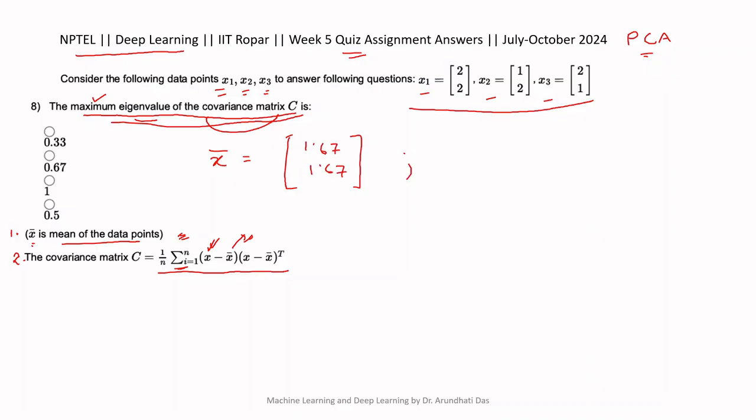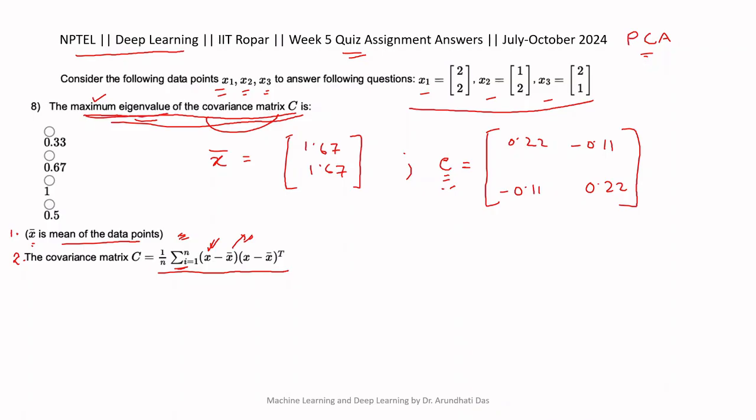In a different video I have also calculated the covariance matrix C, and the final output is 0.22, minus 0.11, minus 0.11, and 0.22. After calculating the covariance matrix, I now have to find the maximum eigenvalue.